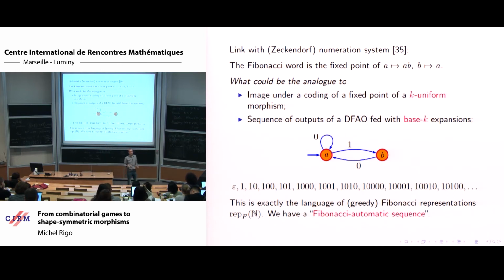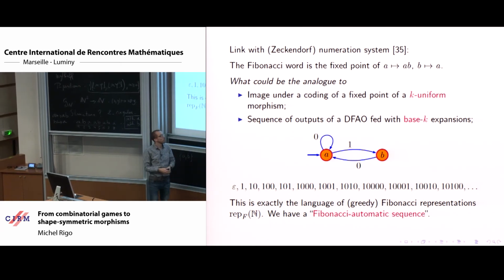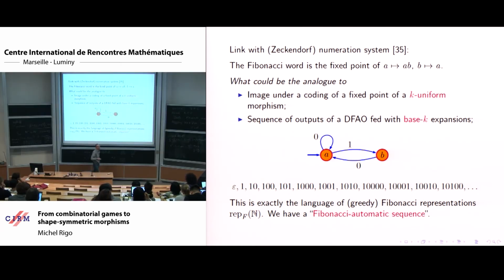But now the question is, if I want to produce the nth letter, I would like to know, do I have an A or a B? What should I enter in this automaton? And the answer is the following. You just have to look at all the words that are accepted by this automaton.